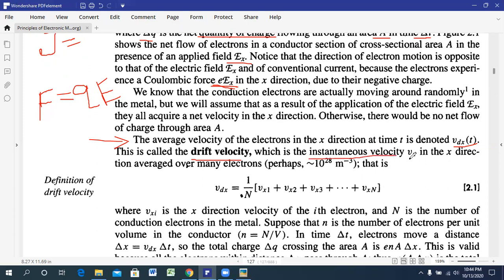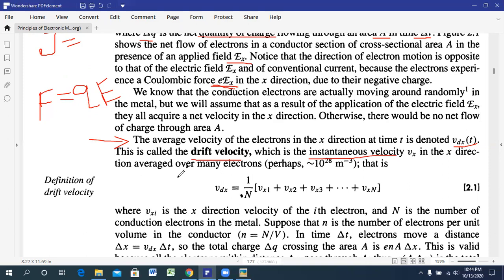So the average velocity of the electron in the x direction at time t is denoted by Vdx, and this Vdx is known as drift velocity. So if in the exam I ask what is called drift velocity, I think all of you should answer these things.